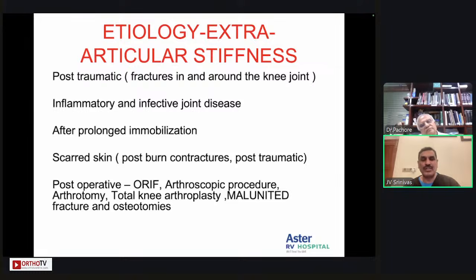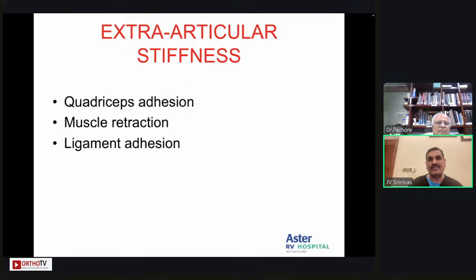And lastly, a post-operative situation, especially a fracture around the knee joint, such as a supracondylar fracture or a proximal tibia fracture, with open reduction internal fixation done, or somebody has undergone a total knee replacement, and the patient has developed an adhesion because of lack of rehabilitation and physiotherapy. Yes, these are patients with extra-articular stiffness. Malunited fractures and osteotomies done around the knee joint again will cause stiffness, an extra-articular cause for this stiff knee.